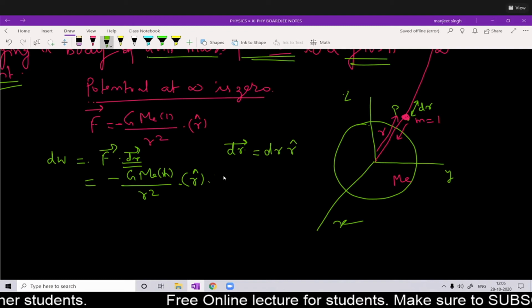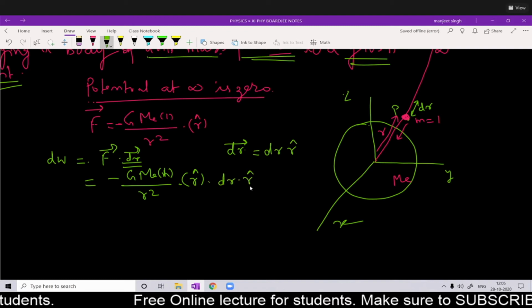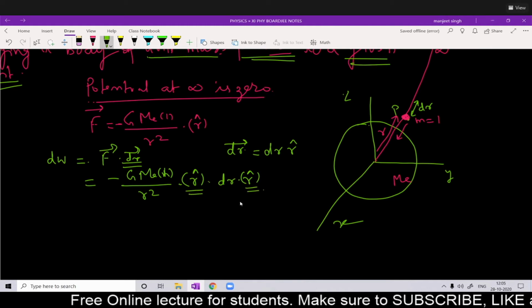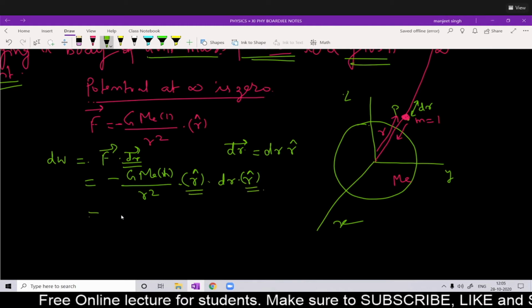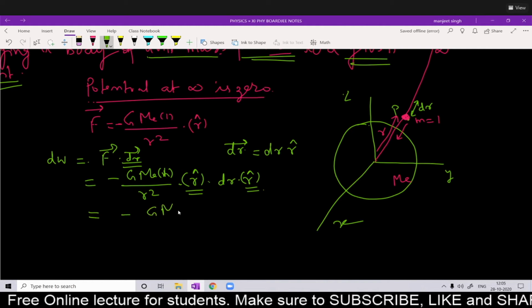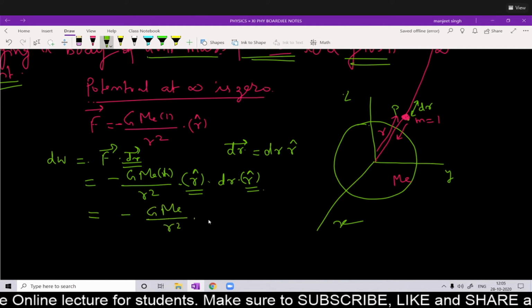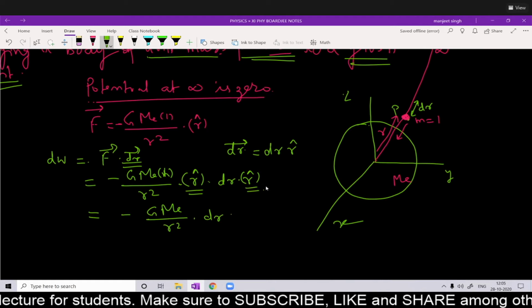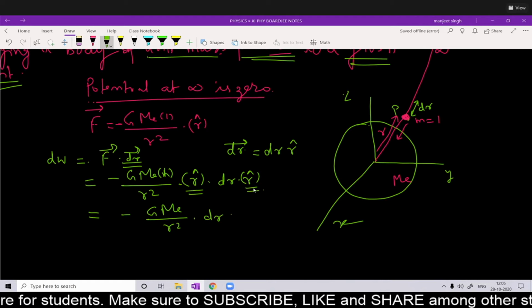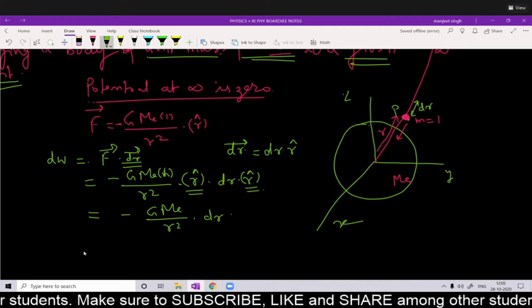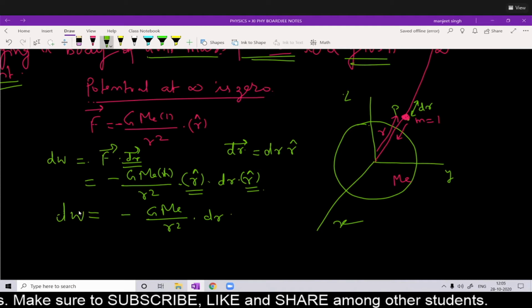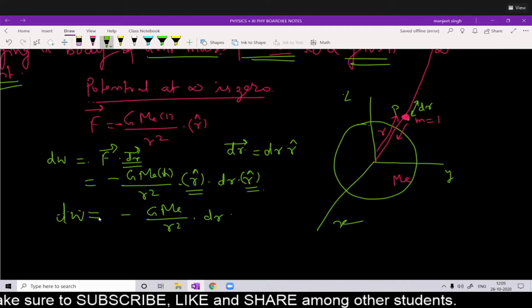So we will write it as dr into unit vector r. Now this is unit vector r dot unit vector r, so it becomes 1, because i dot i, j dot j, k dot k is equal to 1. We have already done this. So this expression becomes minus G M e upon r squared into dr. This is the expression for the small amount of work done in displacement dr.